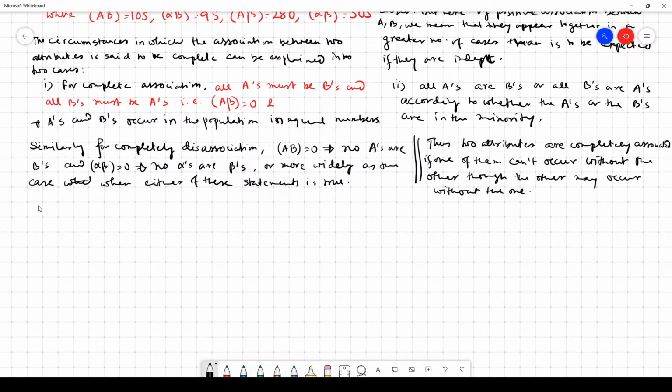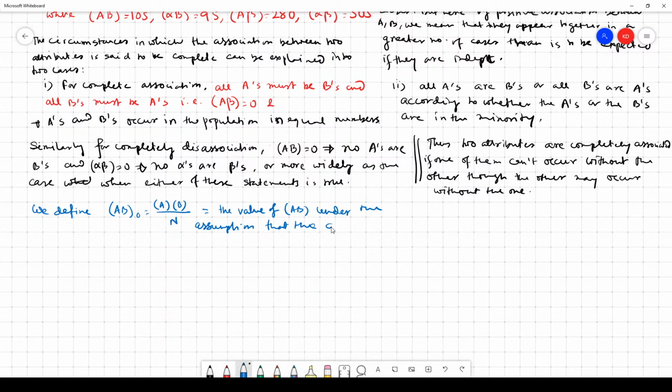We define AB naught, this is equal to A into B by capital N, the value of AB under the assumption that the attributes are independent.